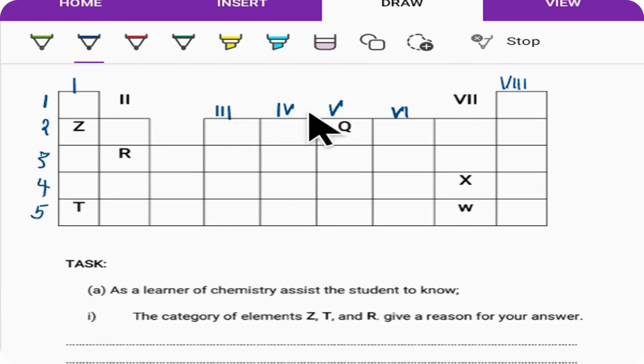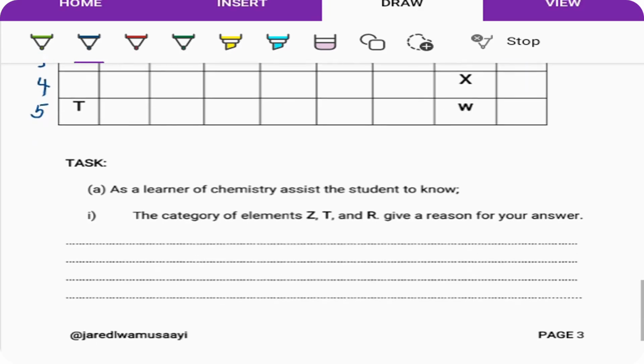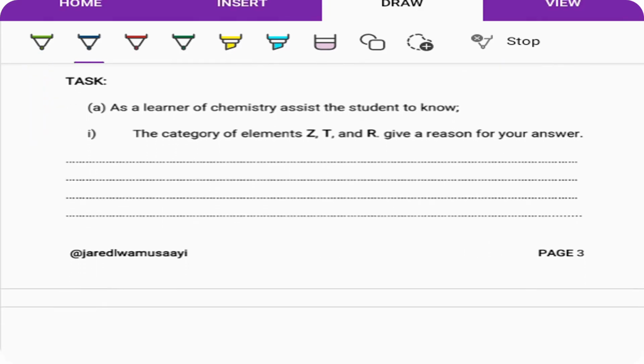And now let's go to our tasks. So we have these letters in there: Z, R, T, Q, X and then W. Task part A. As a learner of chemistry, assist the student to know Roman number 1, the category of elements Z, T and R. Give a reason for your answer.